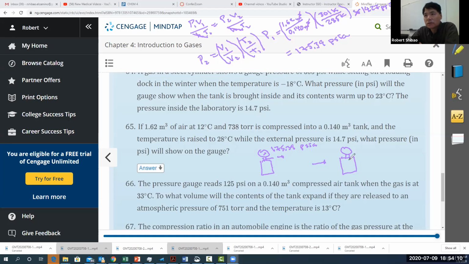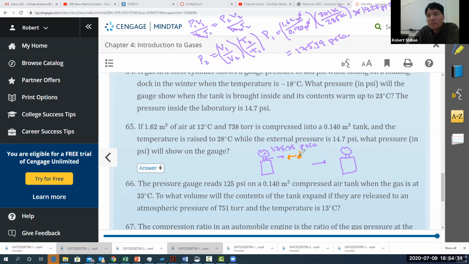0 would indicate there's no gas in here. What's going to happen is there's an opposing force here. What is the opposing force? The opposing force is the external pressure, the external air pressure. There's pressure inside the tank pushing the air out. At the same time, there's air outside trying to push its way into the tank.